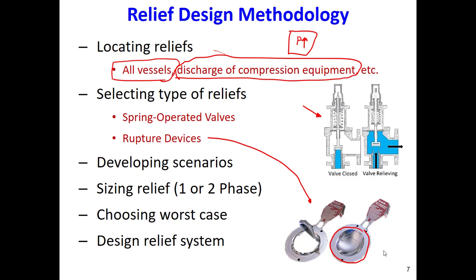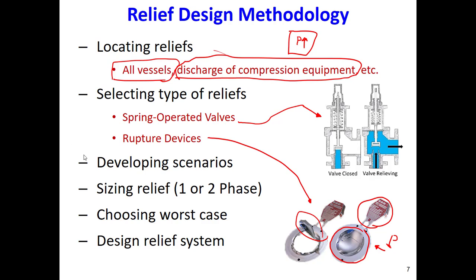Once the pressure on one side of the rupture disc goes above the pressure that it allows, the disc will burst, or rupture, and relieve the pressure that way. It's usually used for services with very viscous liquid. So we can use this device or this one.